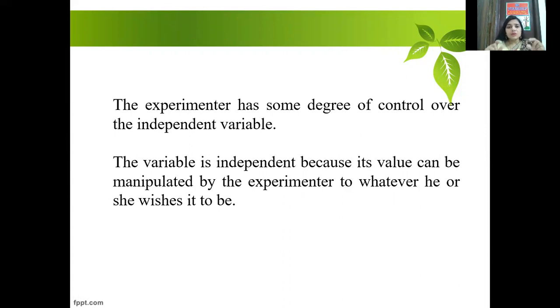No. We have two variables in our hand. The variable which we call independent would be changed by the experimenter so as to check the impact of that particular change on the dependent variable.